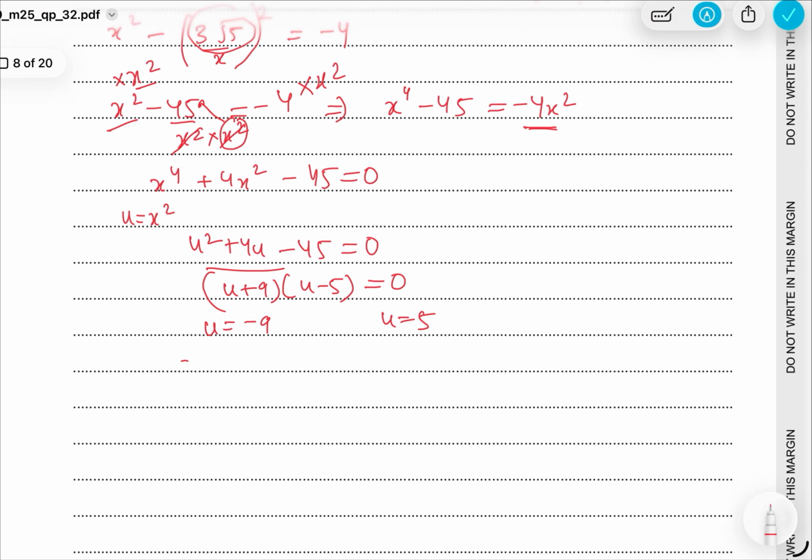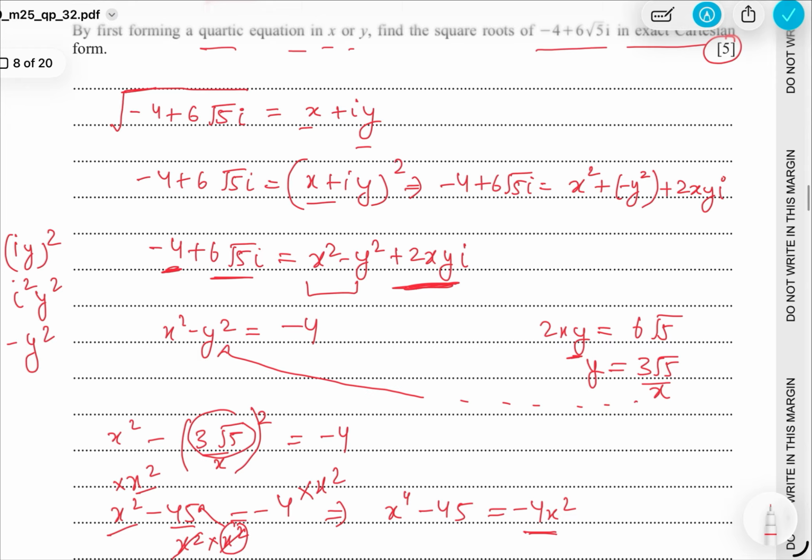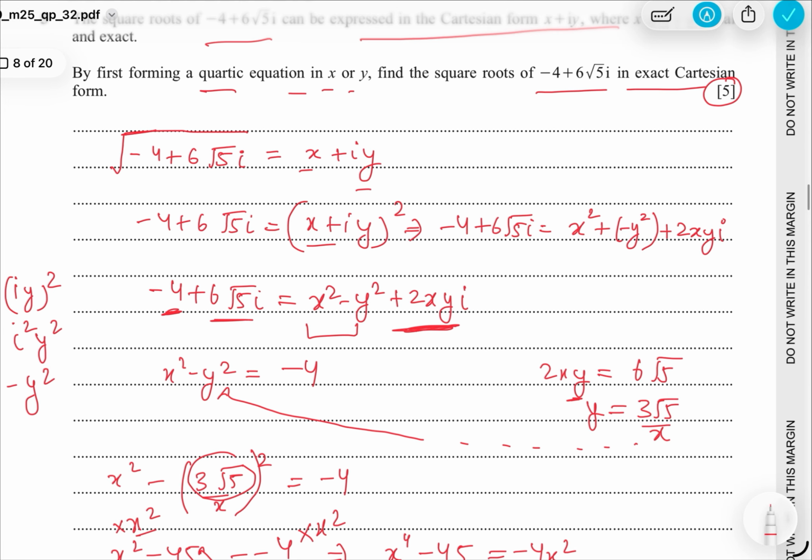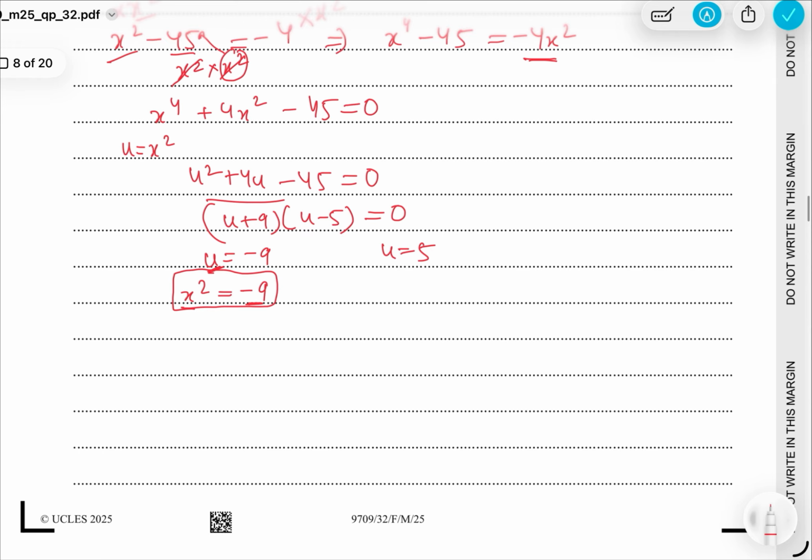See, now x square, because u was x square, right? x square equals negative 9. Over here, we will get an imaginary part. We cannot take square root of a negative number, right? And x was real. See, x was real. I'm not joking. x was real. So this part we will exclude. We are excluding it completely. Now x square equals 5. x equals plus minus square root of 5.